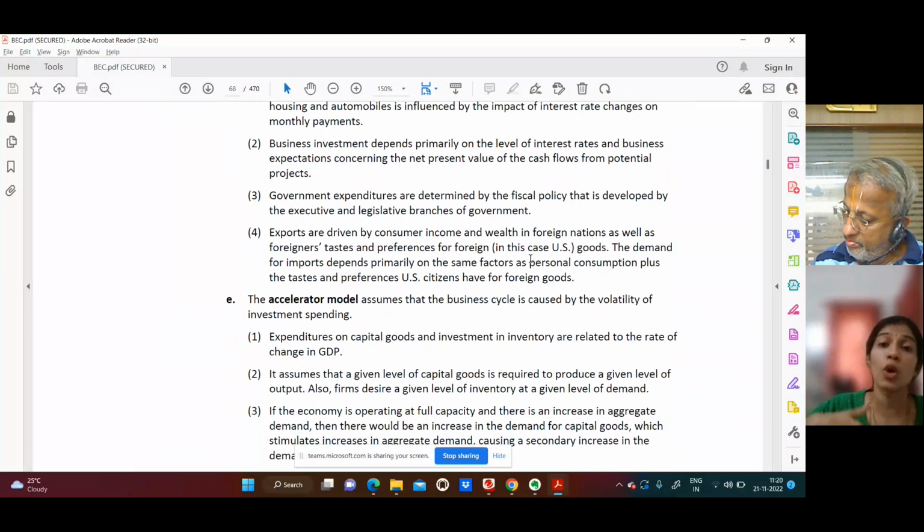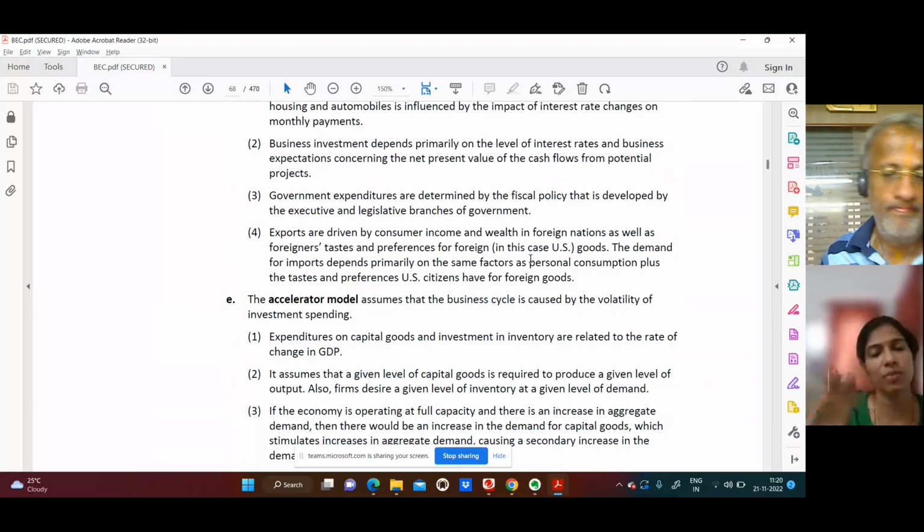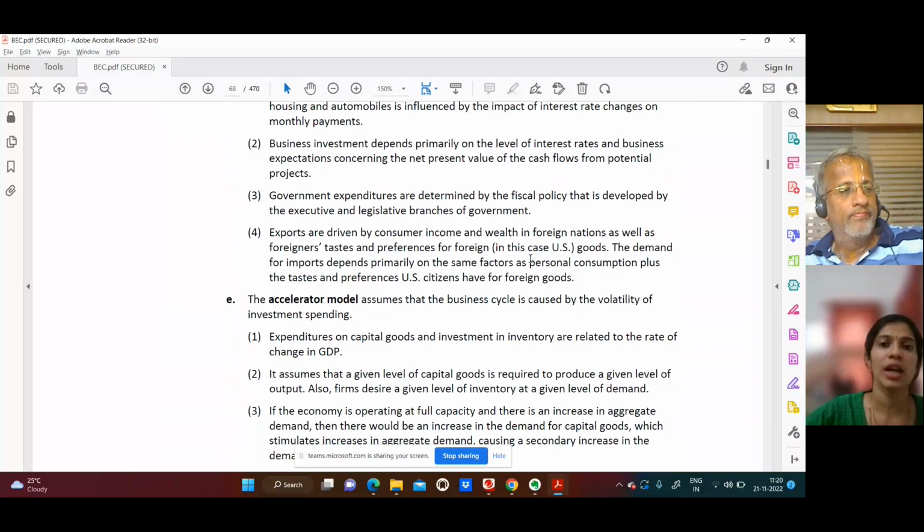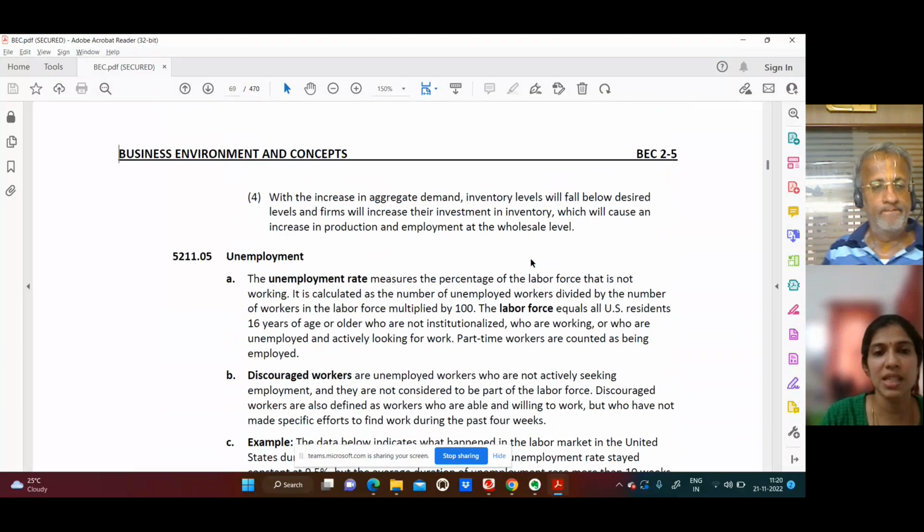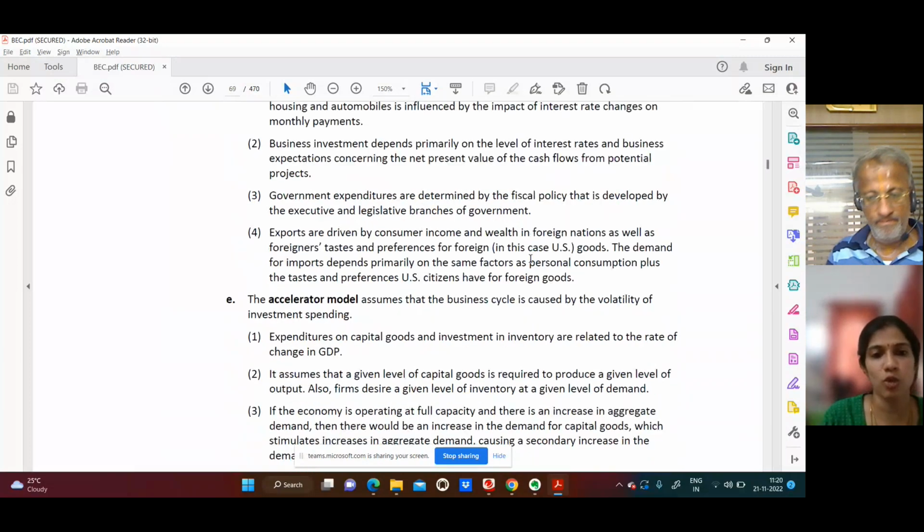Then you're not able to use the fullest capacity at which you can operate, which is also causing the business not to expand as well, right? So if you invest more, then you're spending more, then you're expanding more, right? So that is causing the various phases of your business cycle.